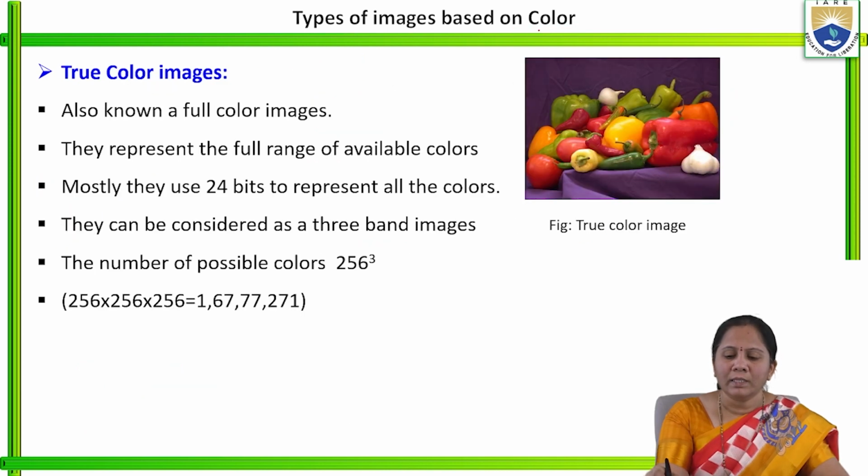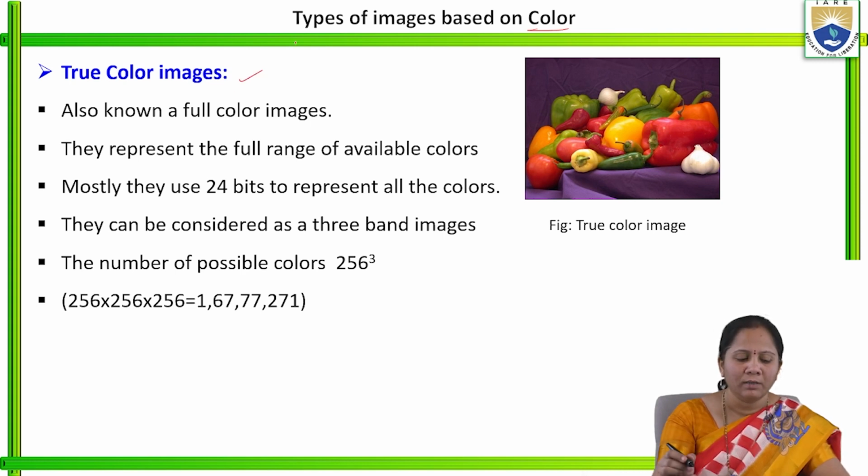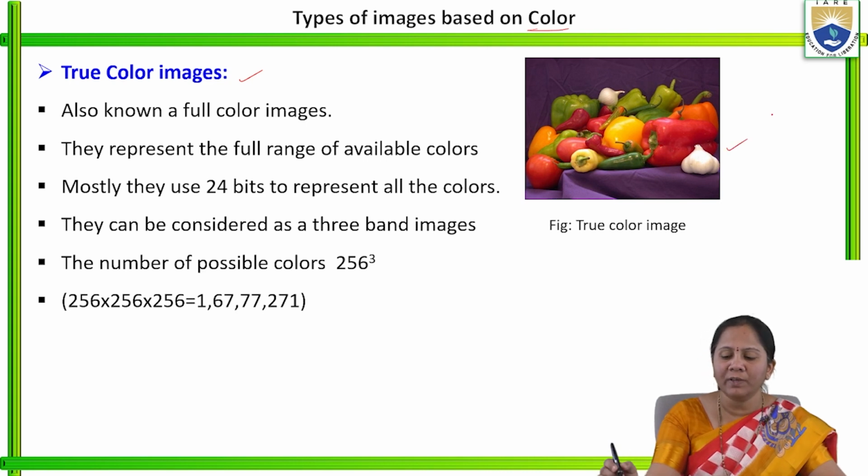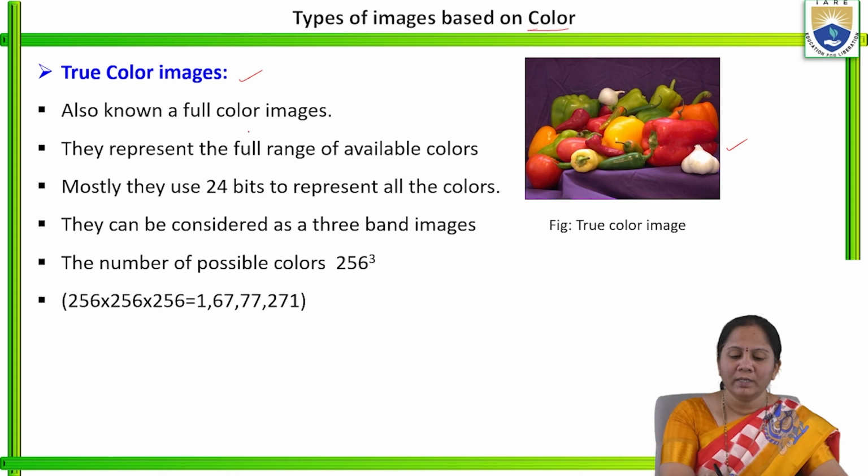Now, another classification of images is based on color. Another classification is true color images. If you see this figure, it consists of entirely all the shades of colors. That's why these true color images are also called full color images.